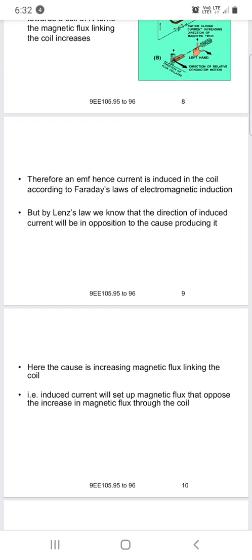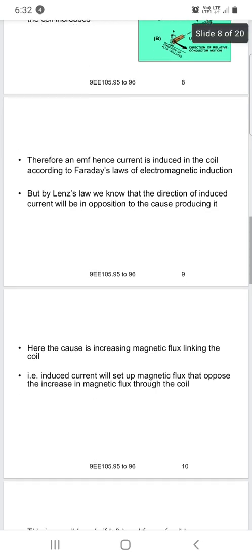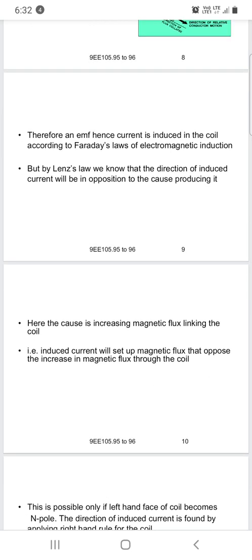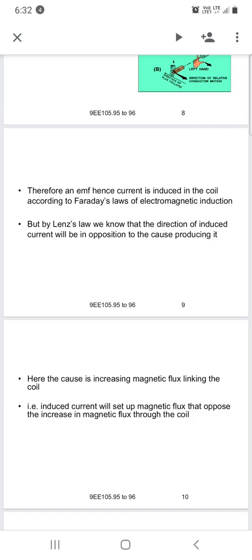What does the second law say? It gives the magnitude of the induced EMF produced in a conductor: E equal to minus N into d phi by dt.